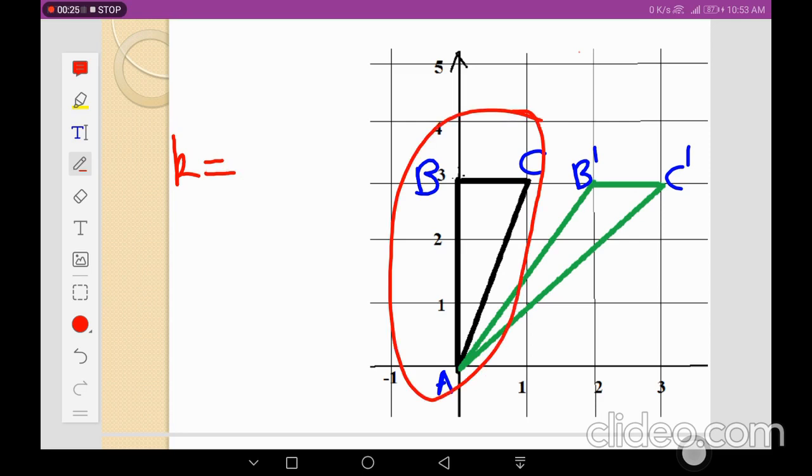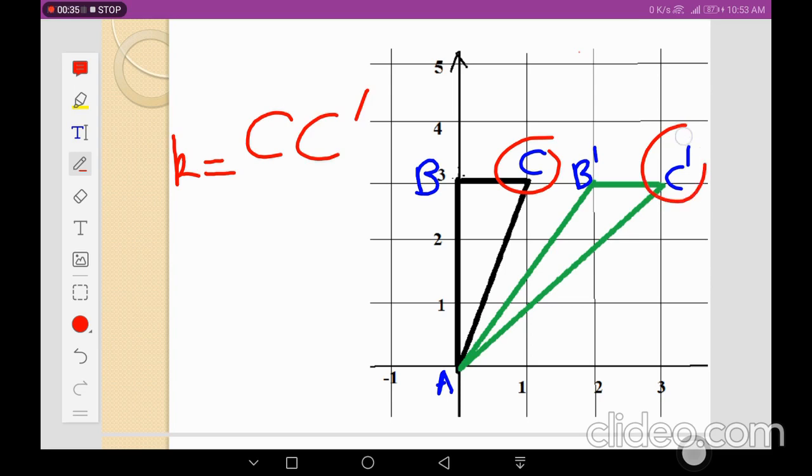I'm going to take the C points there, C going to C image, over O, which is the origin, by C. It's like I'm looking at the perpendicular distance of O to C.